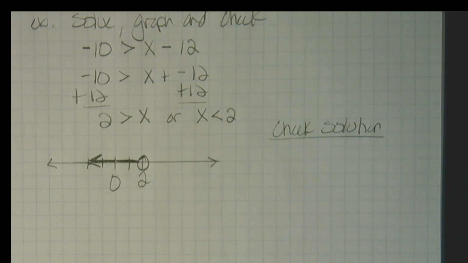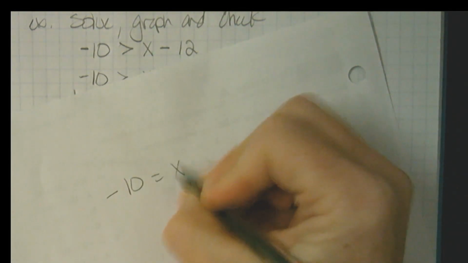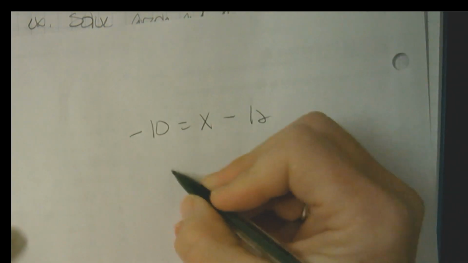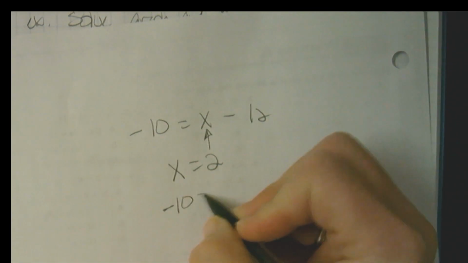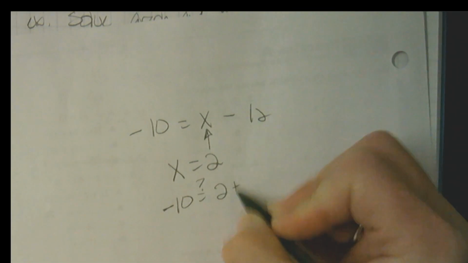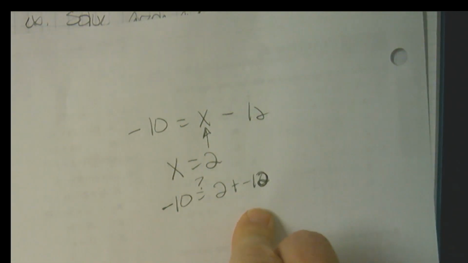Coral, how do I check it? Excellent. That's exactly right. I'm going to take that 2, I'm going to put it in for my x, and I'm going to look to see if the left side equals the right side.